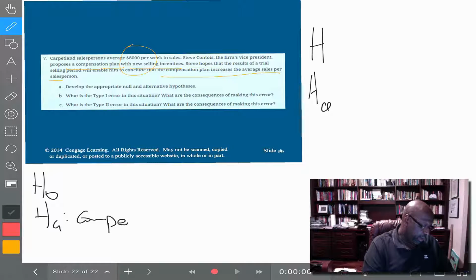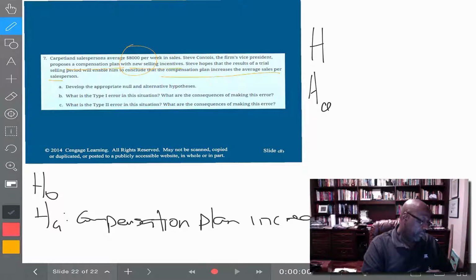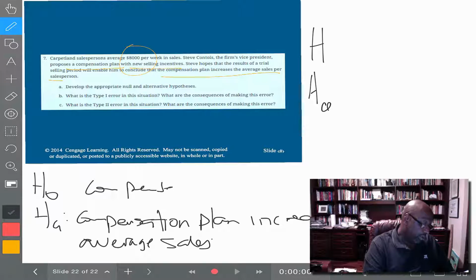Compensation plan increases average sales, versus compensation plan does not increase average sales.